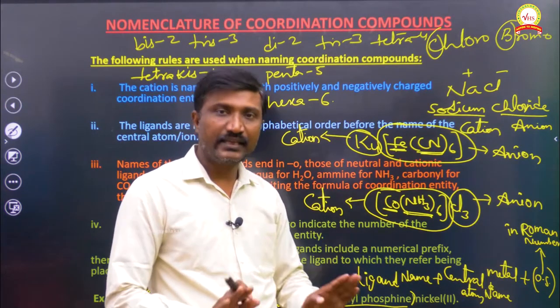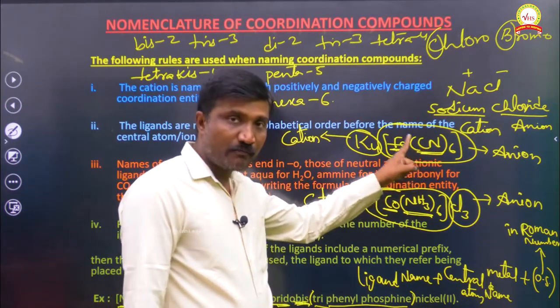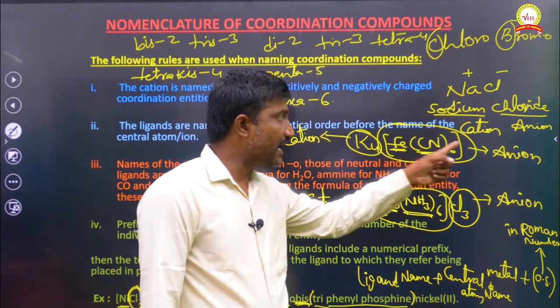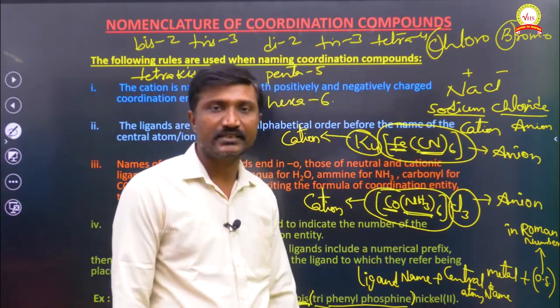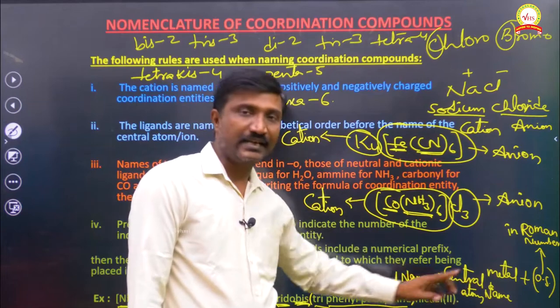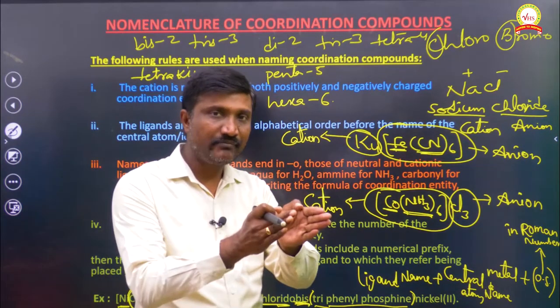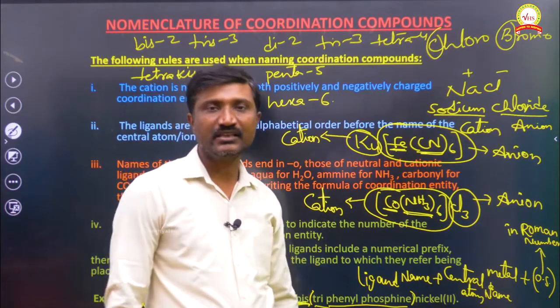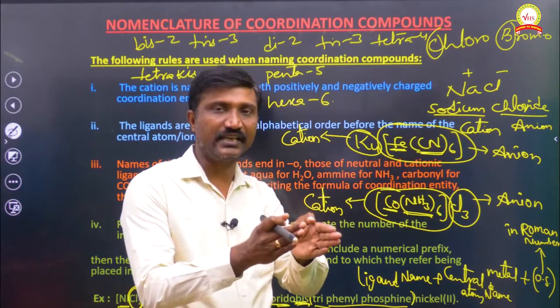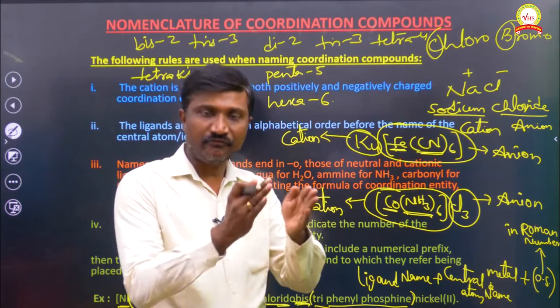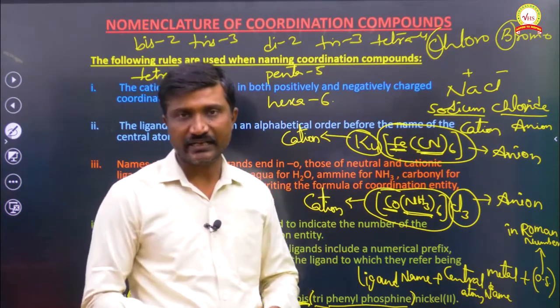If the complex ion is present in anionic state, then for the central metal atom name, the name should end with "ate". Means if nickel is there, nickelate. If iron is there, ferrate.